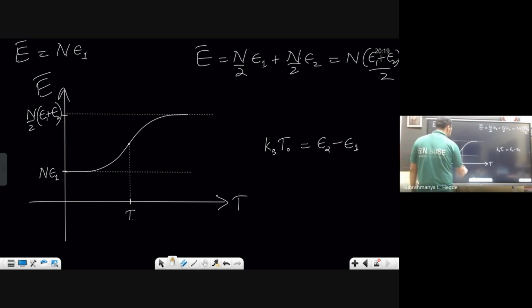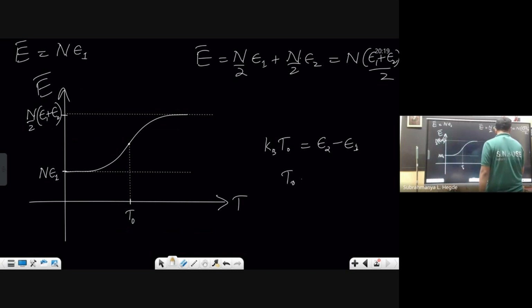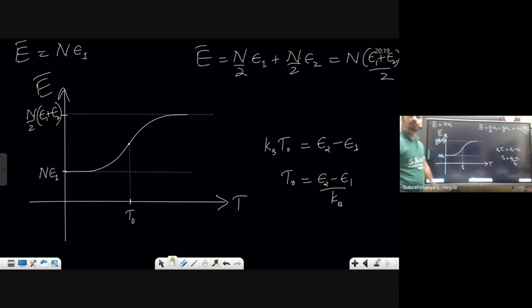That T naught is equal to (E2 minus E1) by Kb. It may be quite lengthy to prove: you need to take the second derivative, set it equal to 0, and solve for temperature. But I'm not getting how to explain this qualitatively, not using the expression.